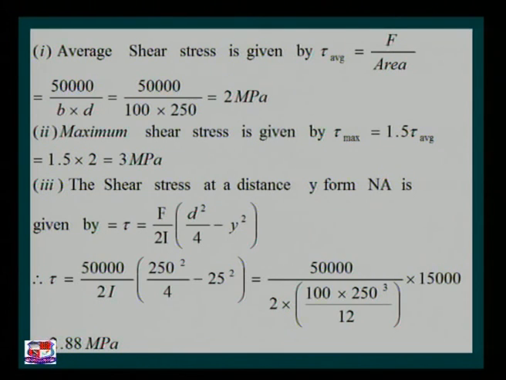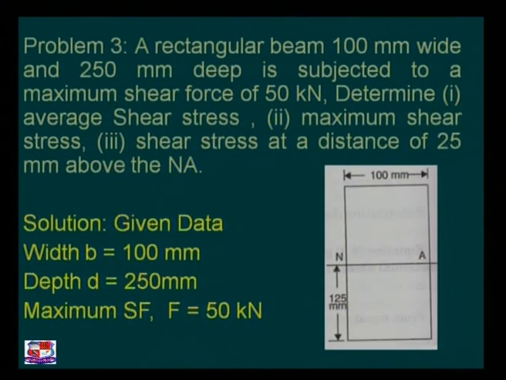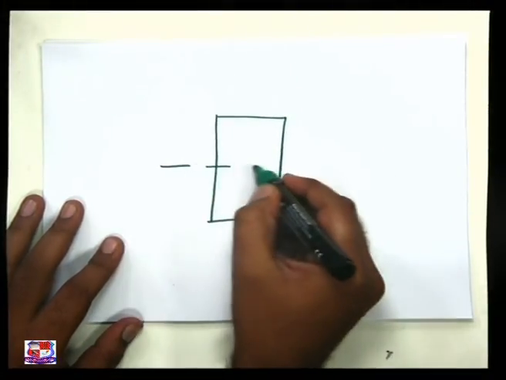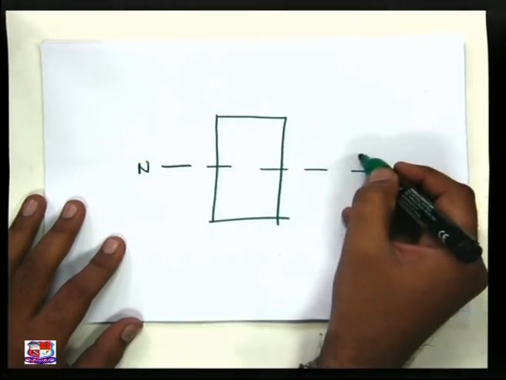Third point, the shear stress at a distance y from the neutral axis, because the third question asked is to find out the shear stress at a distance of 25 mm above the neutral axis. If we refer to this particular figure, this rectangular section, this is the neutral axis.